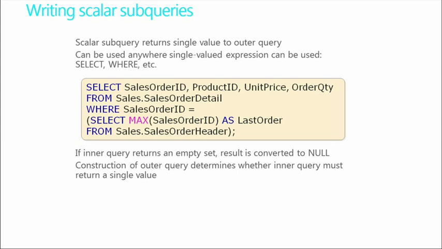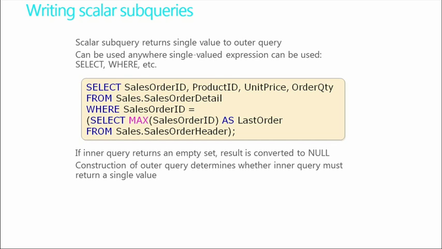So this is going to query the sales order header. It's going to look for the max, aggregate function max, for a sales order ID, and return that as the last order, and we're going to see what information is on the last order that was just processed.